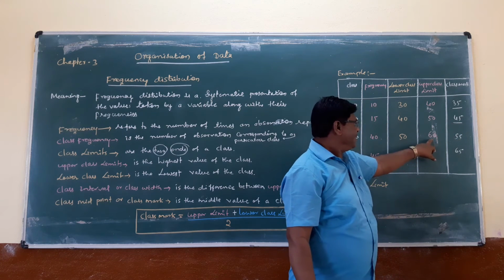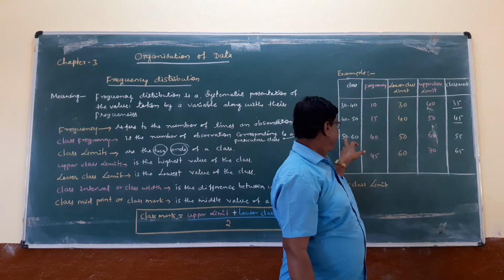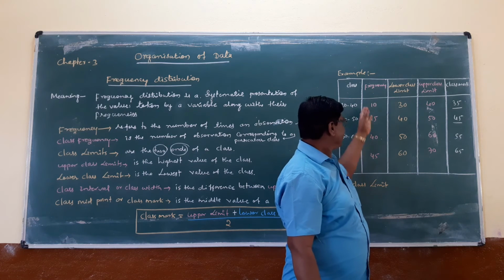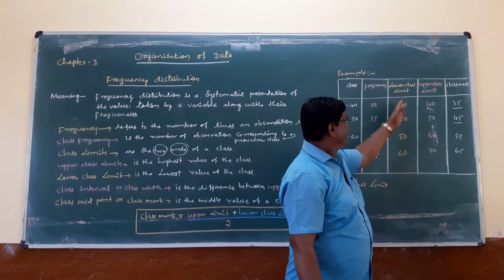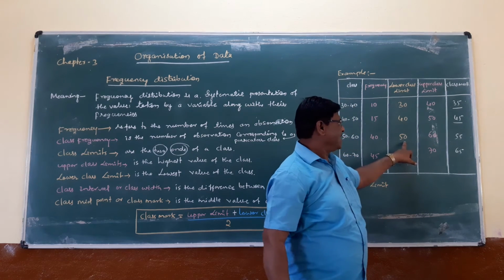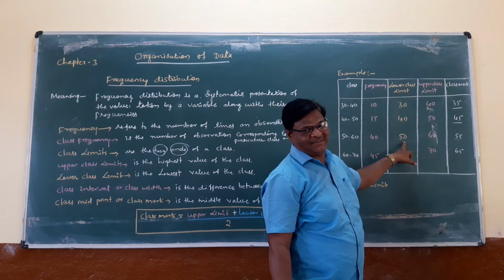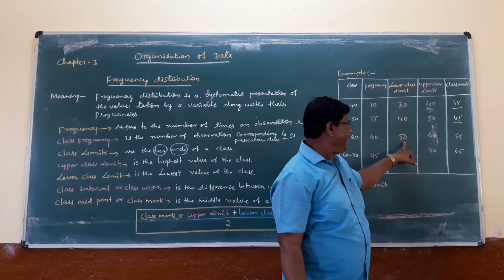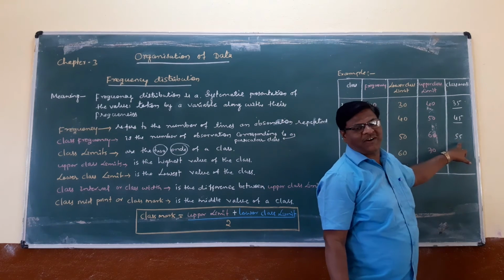And the class 50 to 60, lower class and upper class: 60 plus 50 is equal to 110. 110 divided by 2 is equal to 55.